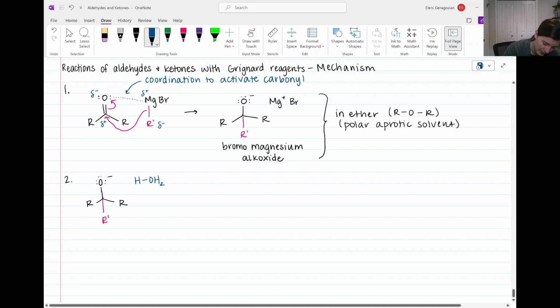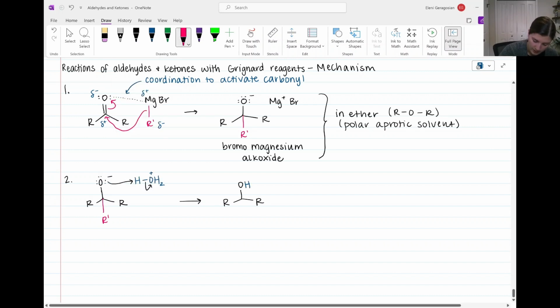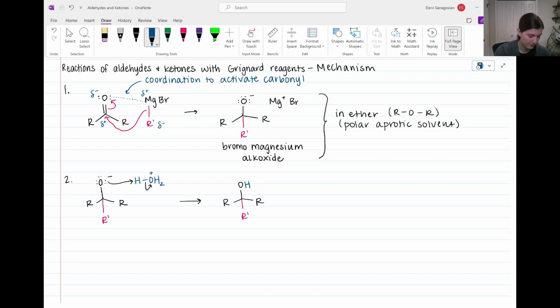We have H3O plus present, and so the negative oxygen with that lone pair of electrons can do just a quick proton transfer. And we now have our alcohol product with that R group bonded from that first step.